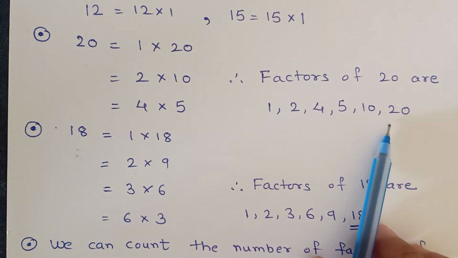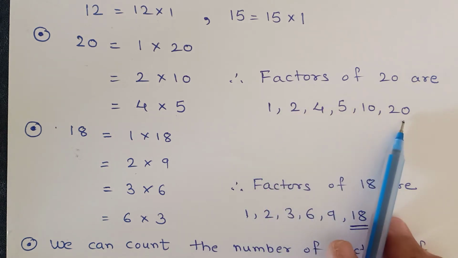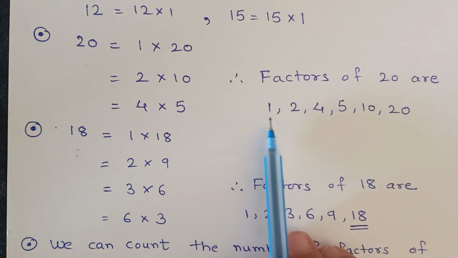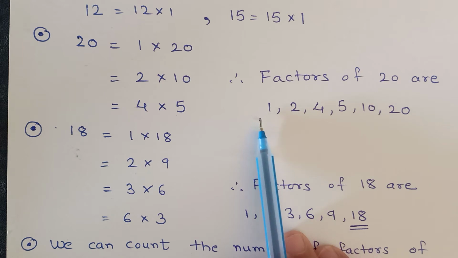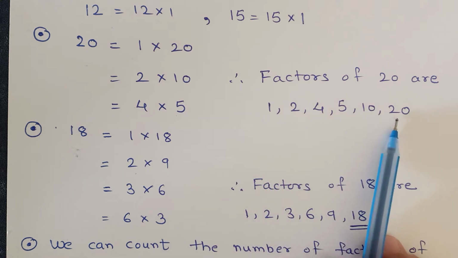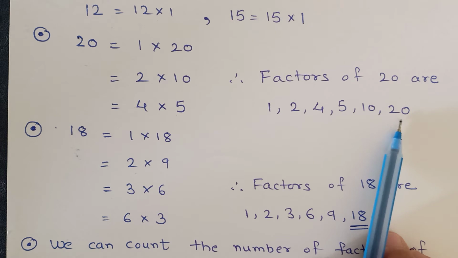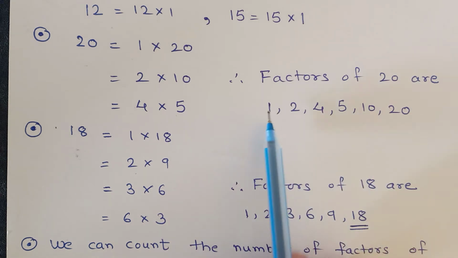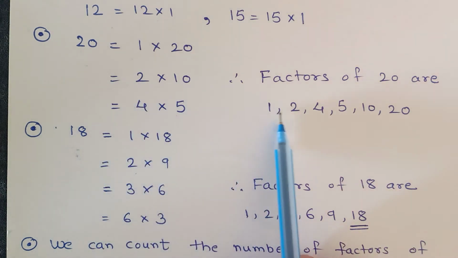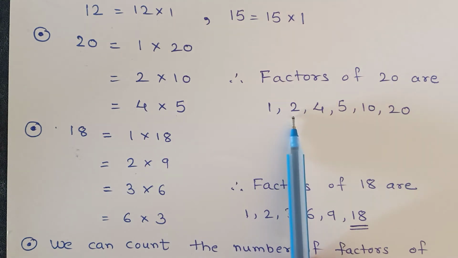We have proved the first two facts, that 1 is a factor of every number and every number is a factor of itself. Now we are seeing the third property, which is every factor of a number is an exact divisor of that number. Means if I divide 20 by 2, the remainder will be 0.